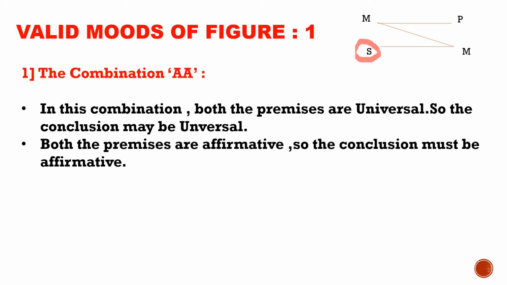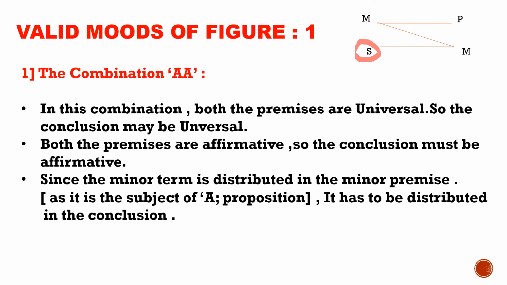If the subject of the minor premise is distributed, then the subject term has also to be distributed in the conclusion. Then only the argument will be valid. This is the rule of syllogism. So it will be distributed in the conclusion only if it is a universal proposition, because we know that in a universal proposition only the subject terms are distributed.